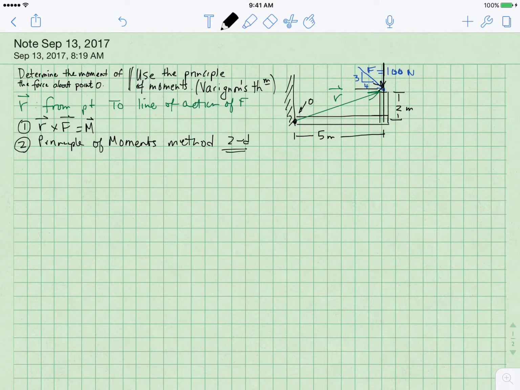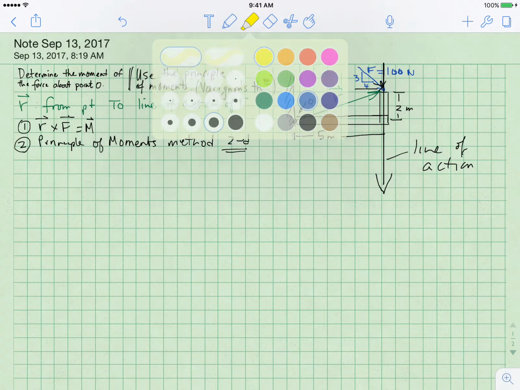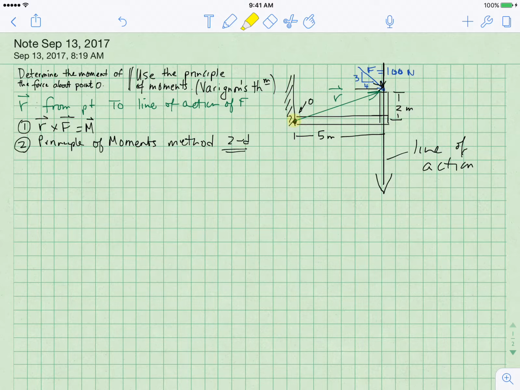So if I extend the line of action of the y part of that force, all I've done is extend the line of action. What I observe is that I have the perpendicular distance that connects point O to the line of action. I have that, and its value is 5.